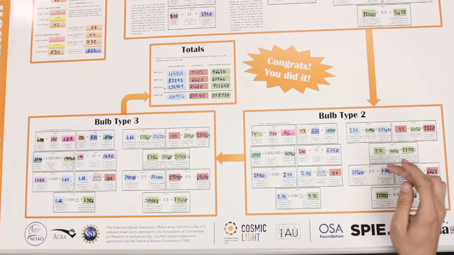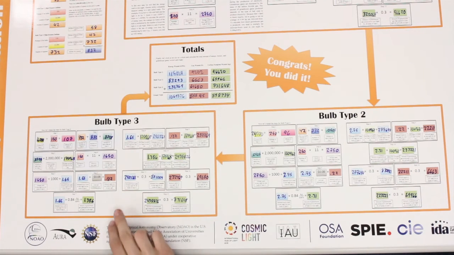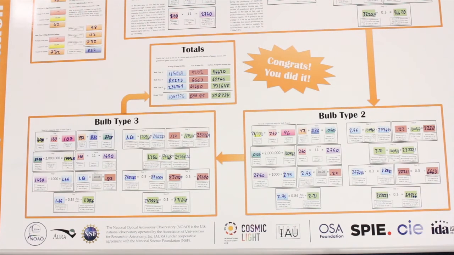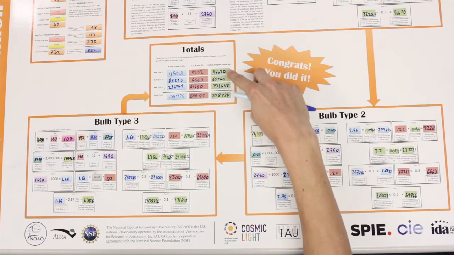You will now do the same thing for bulb type 2 and type 3, again using the corresponding values from the Start Here box. Once you've found the numbers in the last 3 boxes, step 11, 12, and 13, take those numbers and plug them into each of the different types of bulbs.